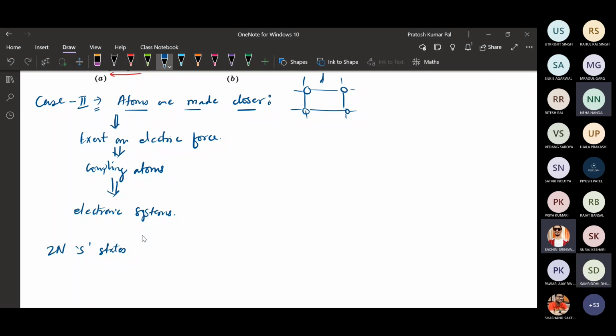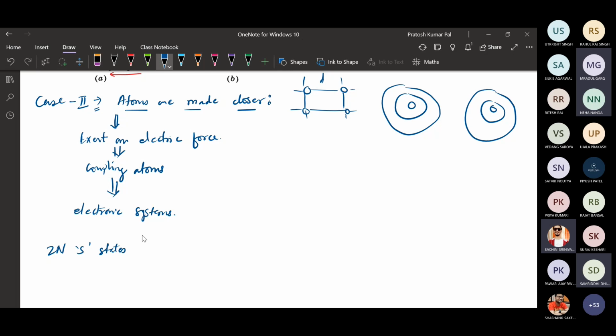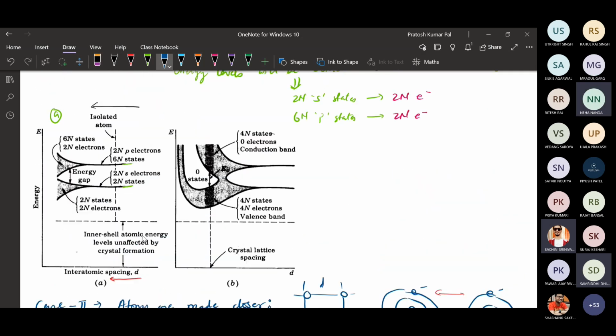other. That means the outer electrons will be interacting, like suppose this is the crystal, these are the electrons, outer electrons, okay. So some interaction between the electrons will be taking place. This interaction in terms of energy states will change the energy state.